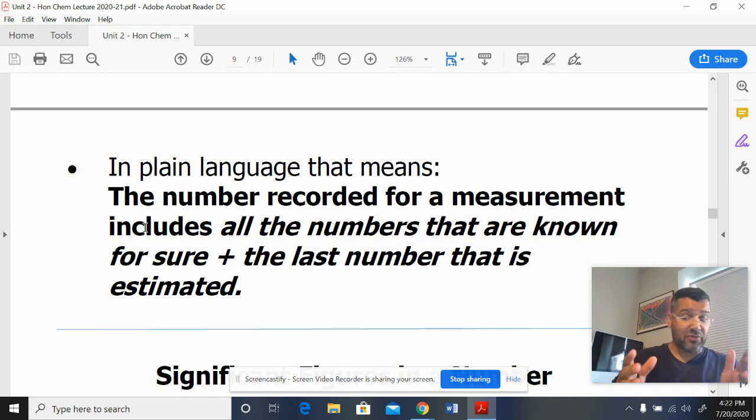So for sure, in the number 16, we know the 1 in 16 really well, which is the tens place. We know the 6 really well because we know that it's already past your 16th birthday. But it's after your 16th birthday that we have to estimate. So let's say that it was 3 months ago, and that's a quarter of a year. So you would be 16.25, 16 and a quarter years old.